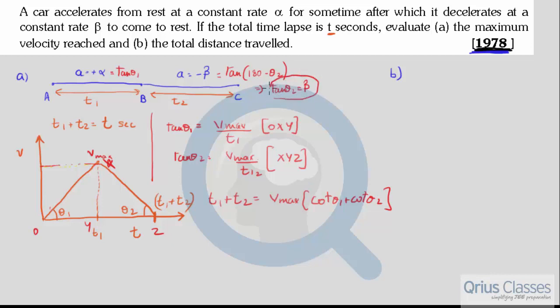Taking this into account, we can write the cot theta 1 and cot theta 2 values, whereas t1 plus t2 is given as t.